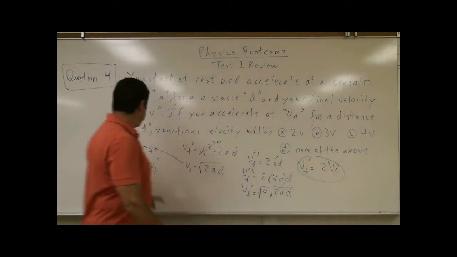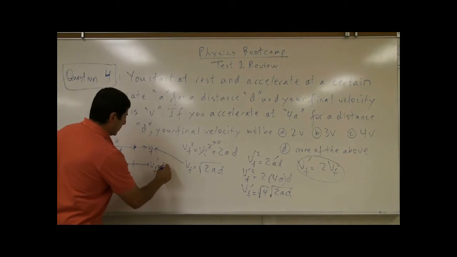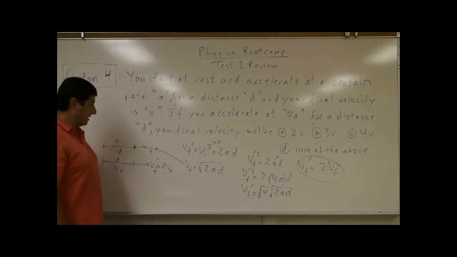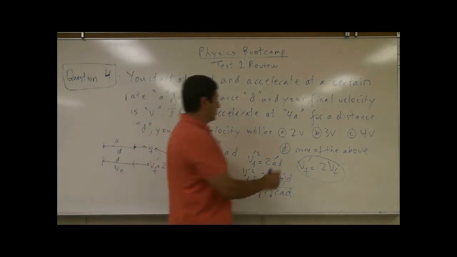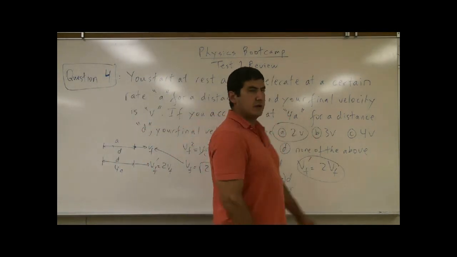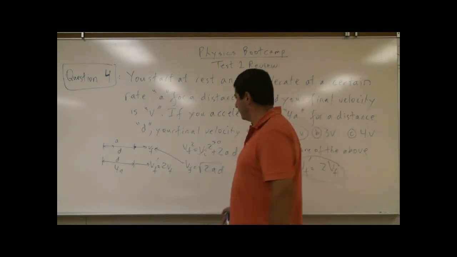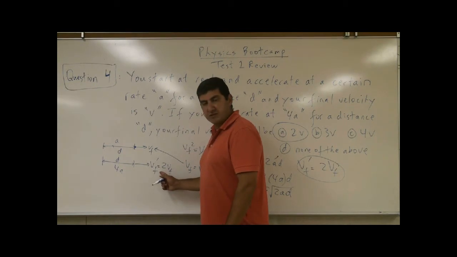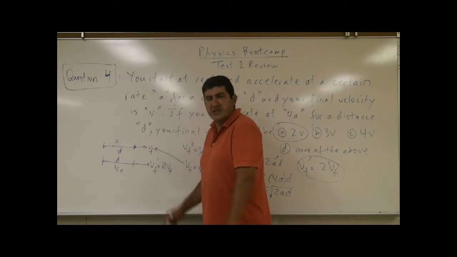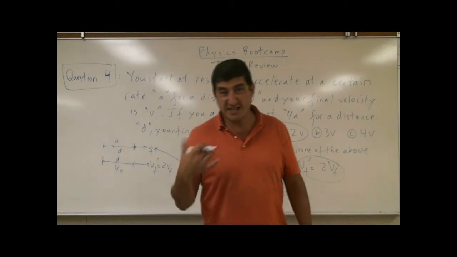So the final velocity here is only twice the final velocity here, even though the acceleration was 4 times as much. Okay? So the answer is A. Now some might argue, why is that? If you go 4 times acceleration, shouldn't you have 4 times the velocity? Why is it only twice the velocity? The answer is this.